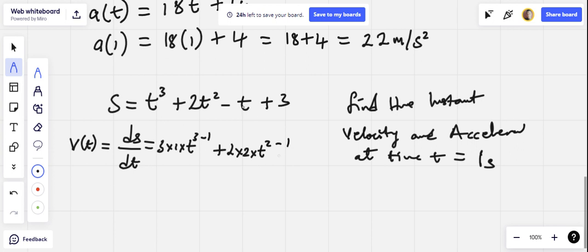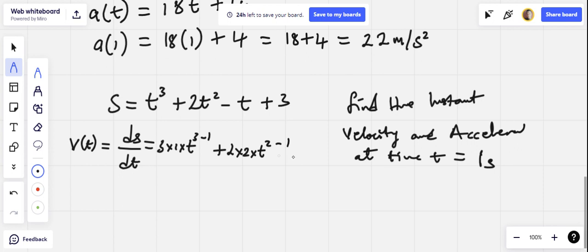For minus t, the power of this t is 1, and the coefficient of this t is what? Minus 1. There's an invisible 1 there. Whenever you see a variable and there's no number written before it, by default the coefficient of that variable is 1. And here there's a minus, so it's minus 1.